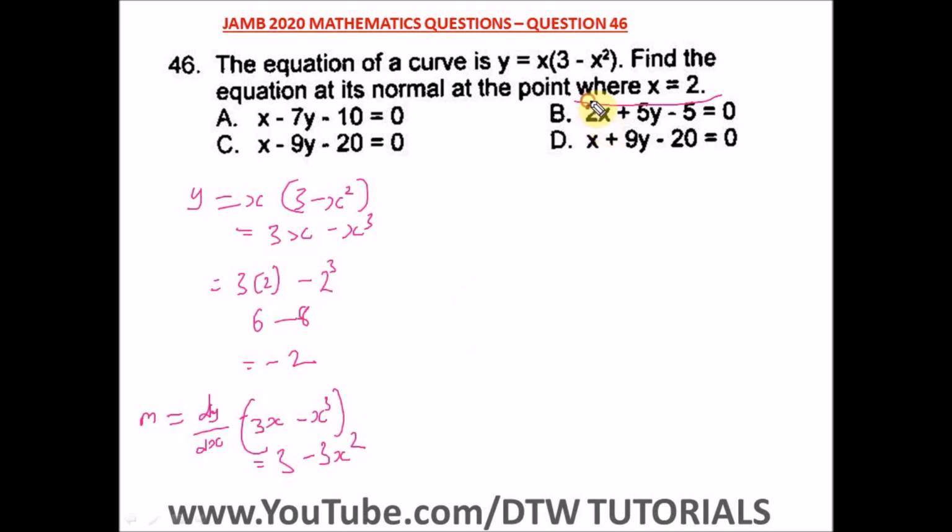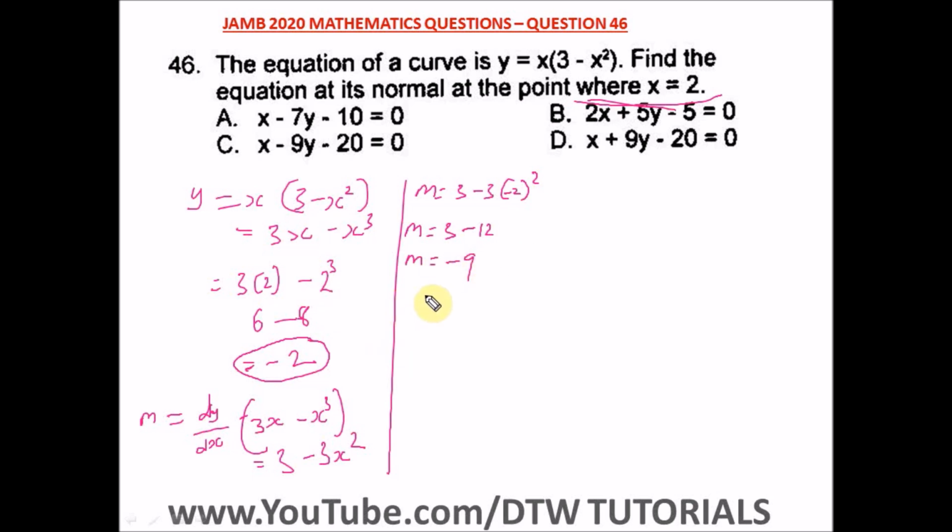So again, where x is equal to 2, we have m = 3 - 3(2)². Now the y is -2, so we're dealing with this -2 now. So now m is equal to 3 minus 3 times 4, which will give us -12. So our m now is equal to -9.